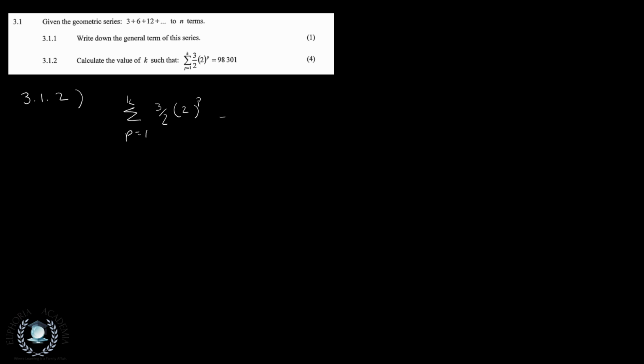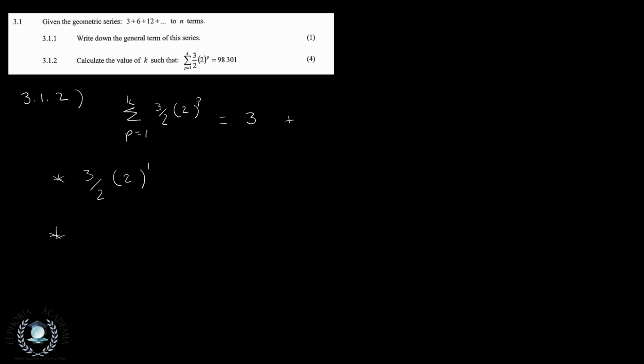If p starts at 1, our first term, I'll just write what we have on the bottom here, p will be equal to 1. If you put that into your calculator, that is going to be equal to 3.